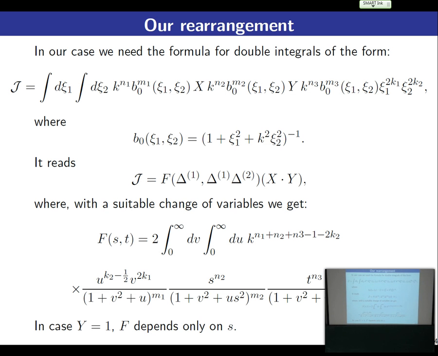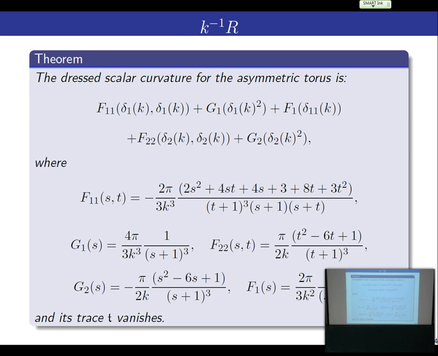Well, we have to integrate, and s and t we need only for positive values, from 0 to infinity. So there are no poles on positive s and t. So just this particular form of the function of one variable g1, function g2, f22, and f1.